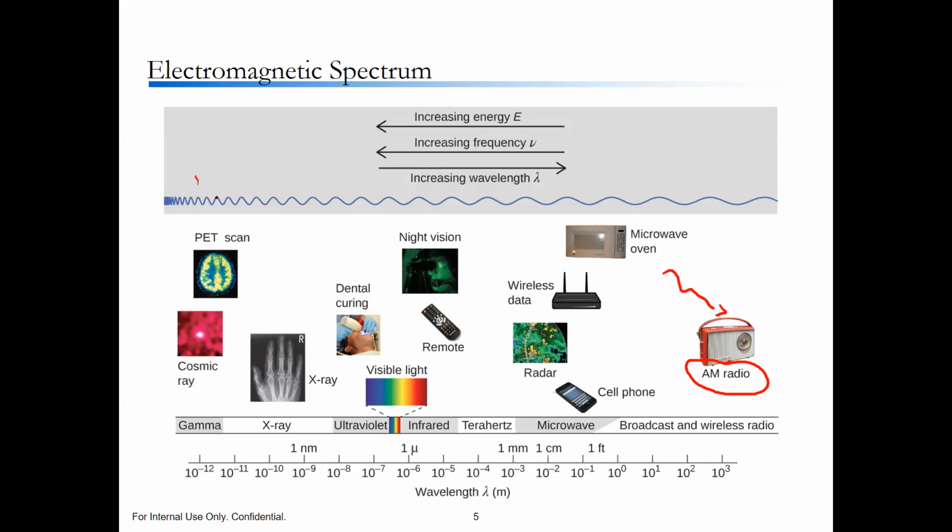So if it's really short wavelength, has high energy, then those type of things we use it for X-rays, gamma rays. You guys know what gamma rays are? Oh, you guys don't watch comics, huh?